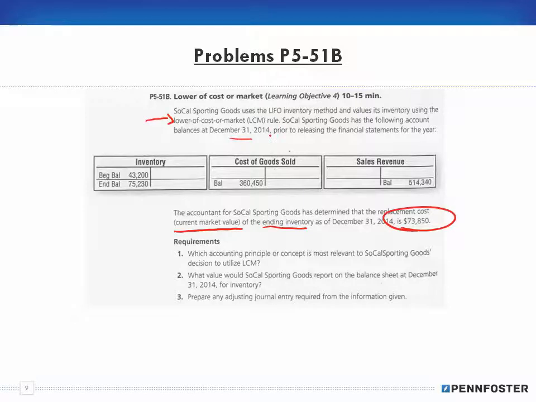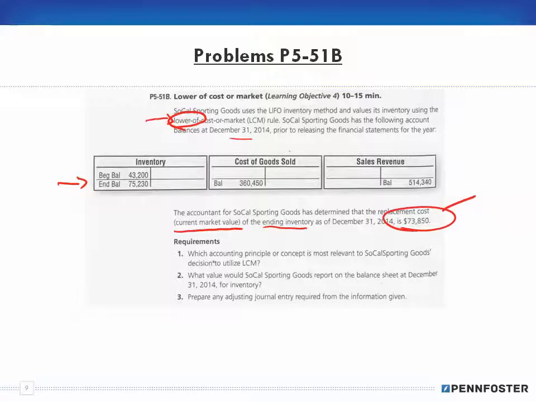So remember, they're using the lower of cost or market rule. So the cost is here at 75,230. The market is 73,850, and we're looking for the lower of the two.